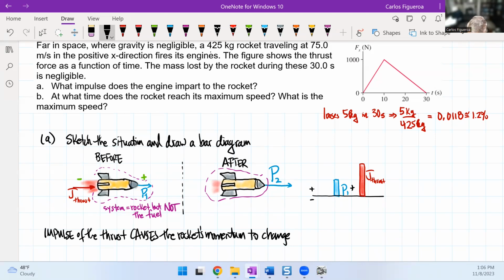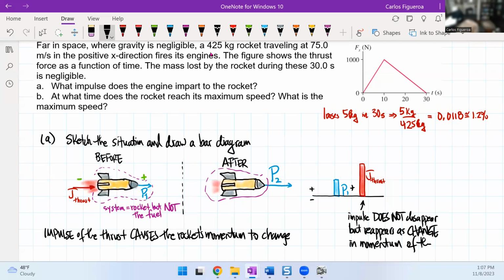What we see here is that the impulse does not disappear, but reappears as change in momentum of the rocket. The impulse doesn't disappear. It reappears.